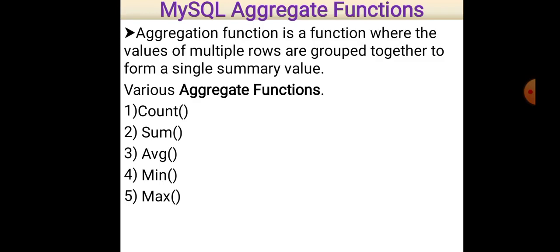So basically when we talk about aggregate functions, aggregate functions mean where the values of multiple rows are grouped together to form a single summary value. That is the most important point.